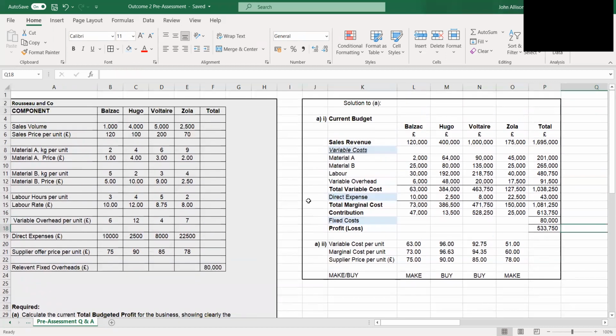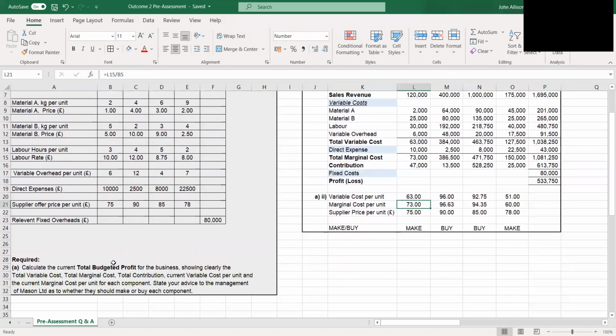So to get the variable cost per unit, we just get the variable cost and divide it by the number of units. So we can see here the total variable cost of Balzac is £63,000 and the number of units is 1,000. So the variable cost per unit is 63,000 divided by 1,000, which is £63.